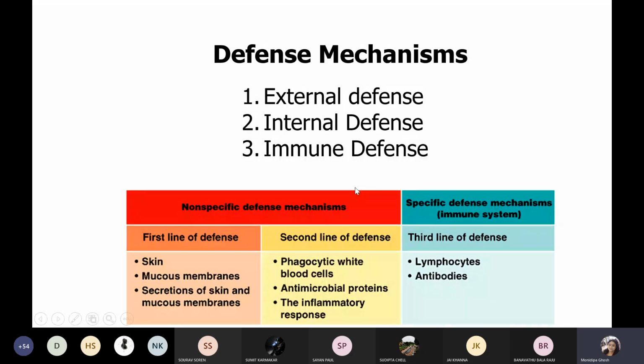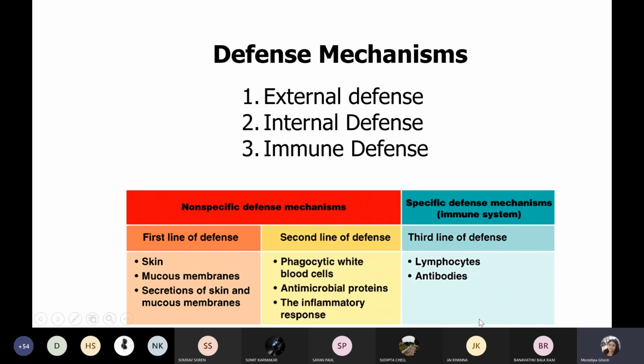But the specific defense mechanism, the immune system, gives that specificity of resistance through the third line defense, that is the lymphocytes, the T cells, B cells. There are several types of lymphocytes, meaning the T cells have subsets, the B cells, the immature B cells, mature B cells, we will be discussing their varieties.